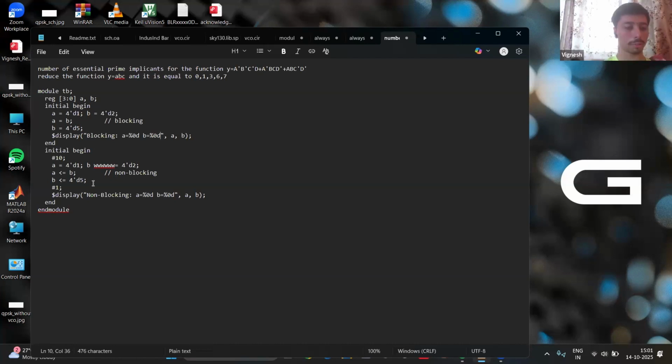And then in the non-blocking part, B equal to 4 by D2. A will be 1, B will be 2. And then A is updated to 2 again and B is updated to 5.